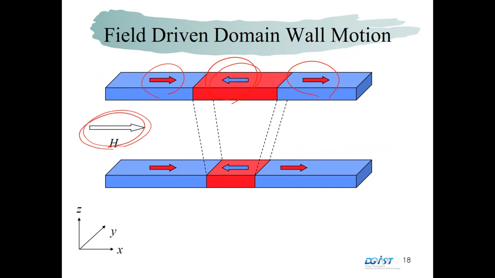By the field-driven domain wall motion, this domain will disappear, and this is not what we want. So that's why people are excited about the spin transfer torque instead of the field. We can move domain walls very easily with the field, but it's not useful for the device.